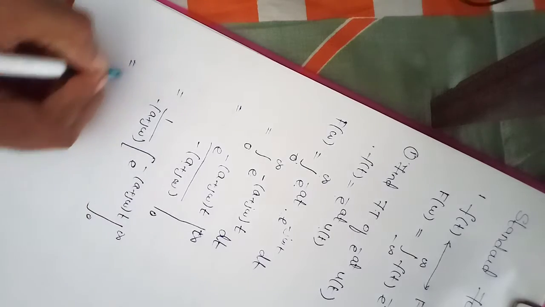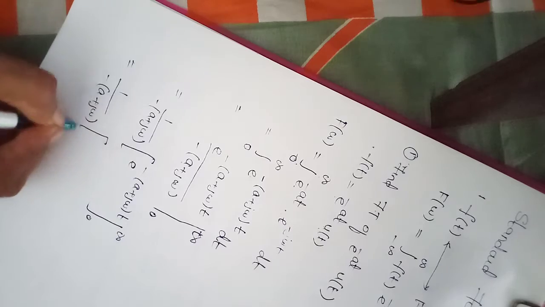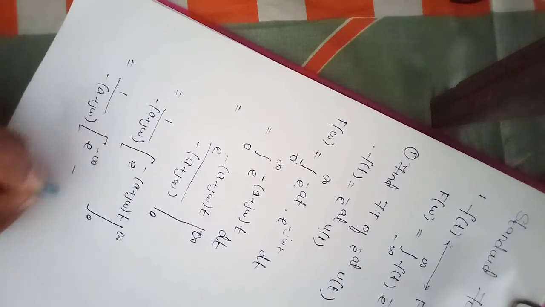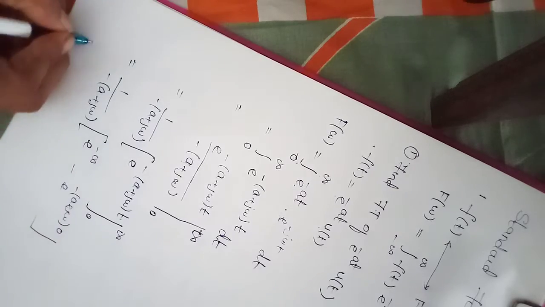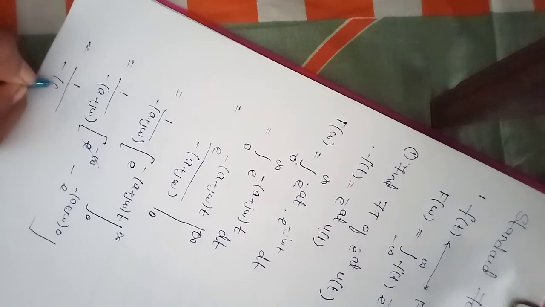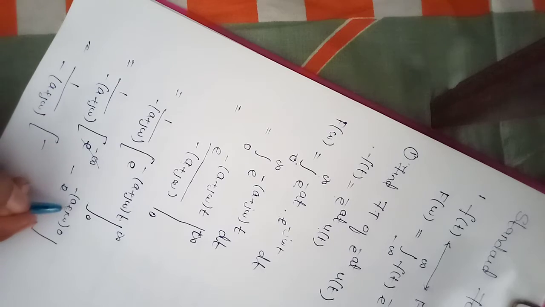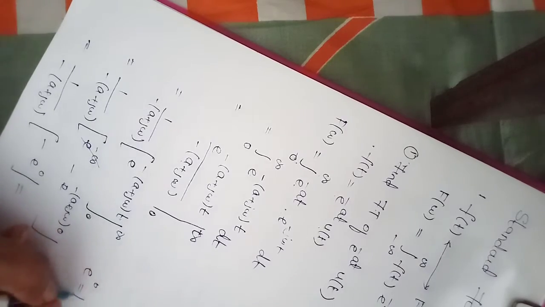I am substituting the upper limit, so I'll be getting 1 by minus (a plus j omega). In place of t I substitute infinity, so this becomes e power minus infinity, which is 0. Next, in place of t I am substituting 0, so this is e power minus (a plus j omega) into 0, which is e power 0, and we know e power 0 is equal to 1.